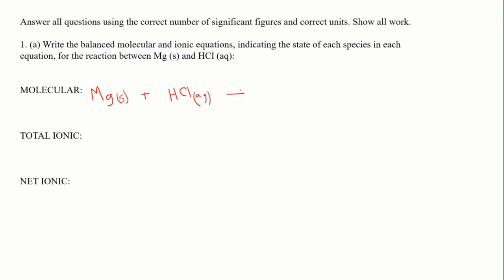This is going to yield, now this here is a single displacement reaction, which will also be a redox reaction. The magnesium here will replace the hydrogen. Magnesium is an alkaline earth metal, and when it's oxidized, it's going to lose 2 electrons and become a +2 ion.